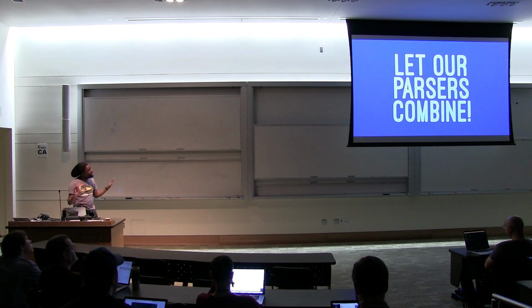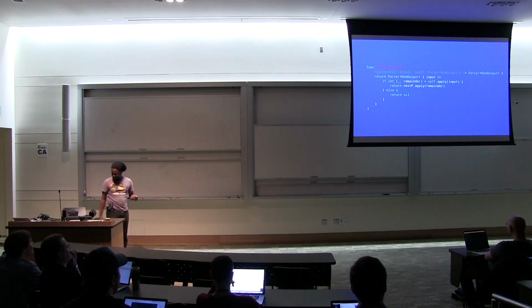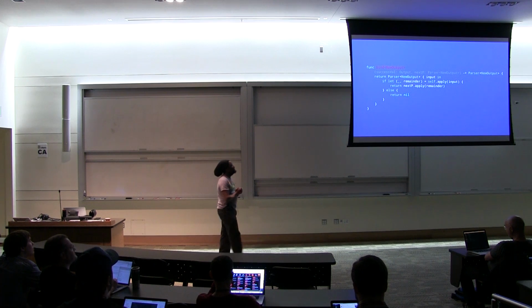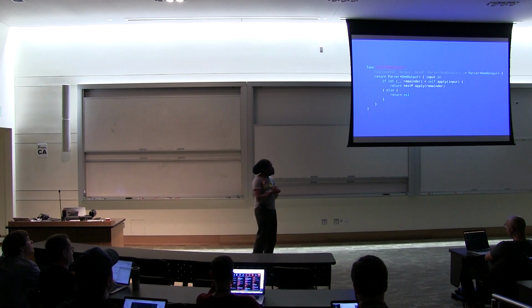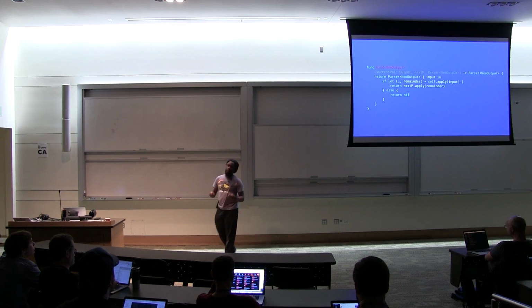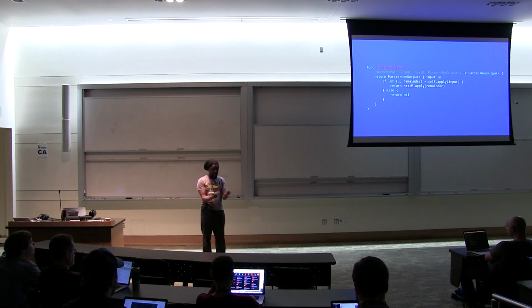All right, so let our parsers combine. Now we're going to use bind. What we're going to do is bind two parsers. So we have those three basic parsers, and we need to actually combine them to do anything useful.